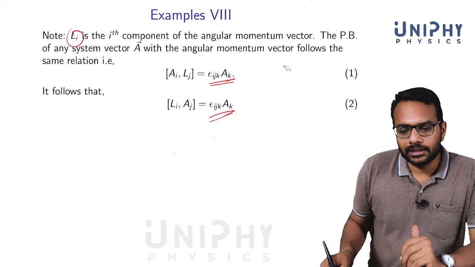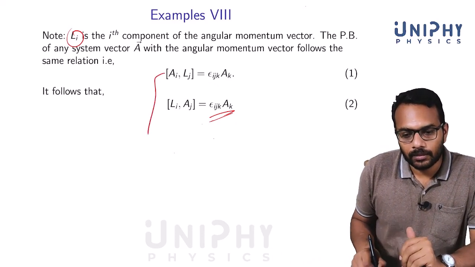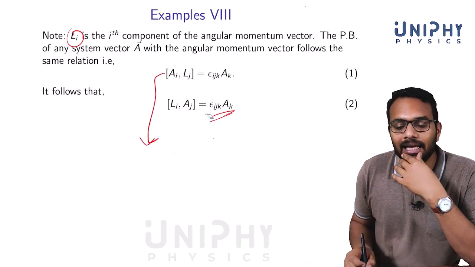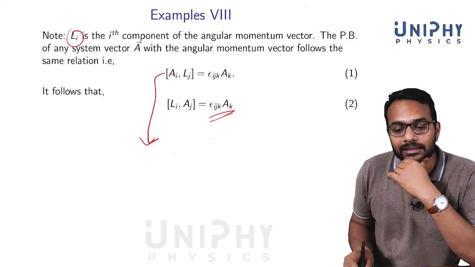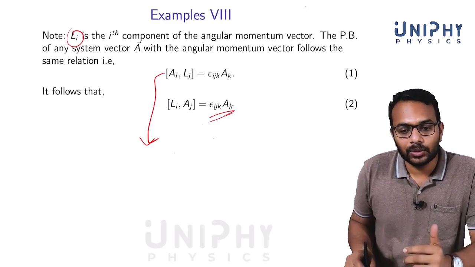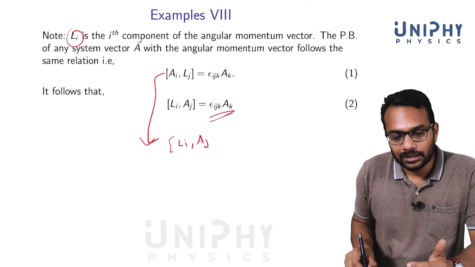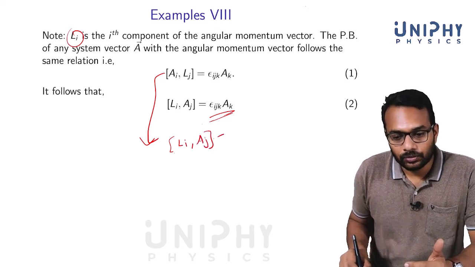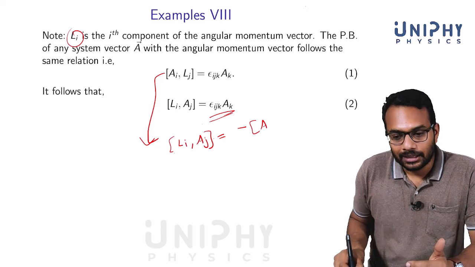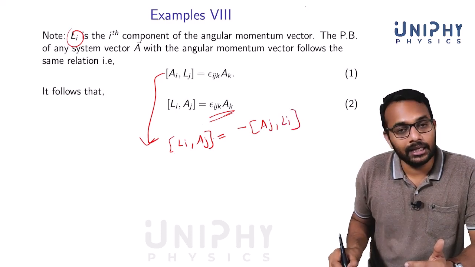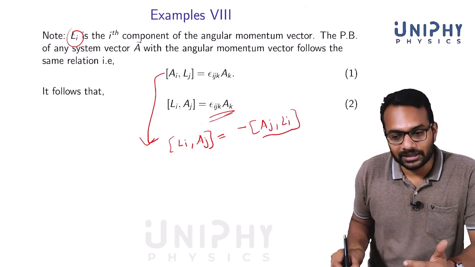So I shall just prove this here. We have this result {Ai, Lj} is epsilon ijk Ak. So what's {Li, Aj}? We say that this is equal to minus {Aj, Li}. And we know {Aj, Li} from here.